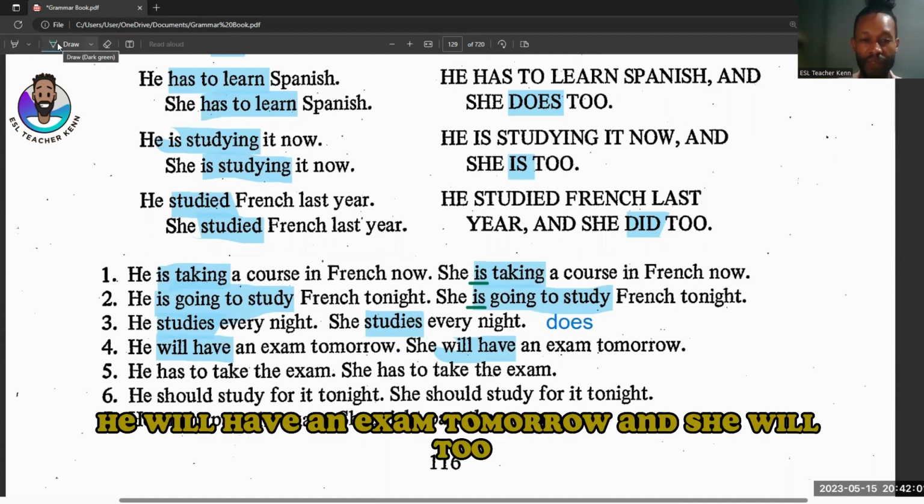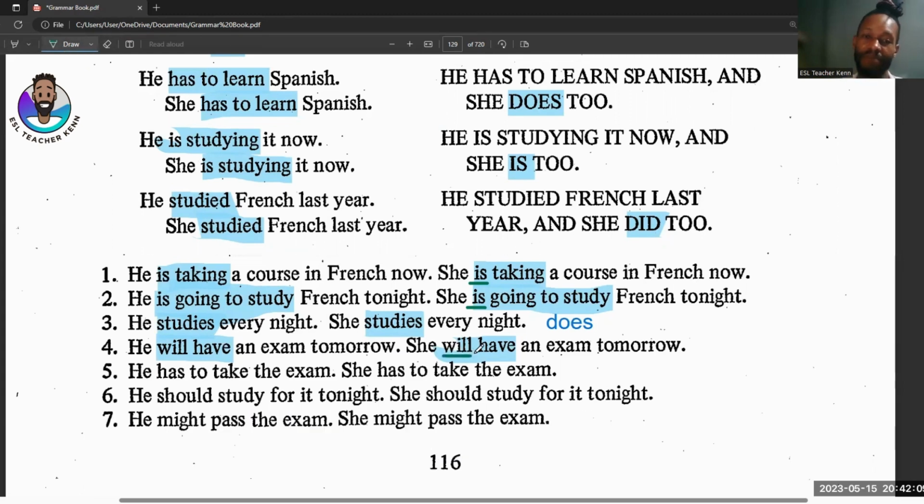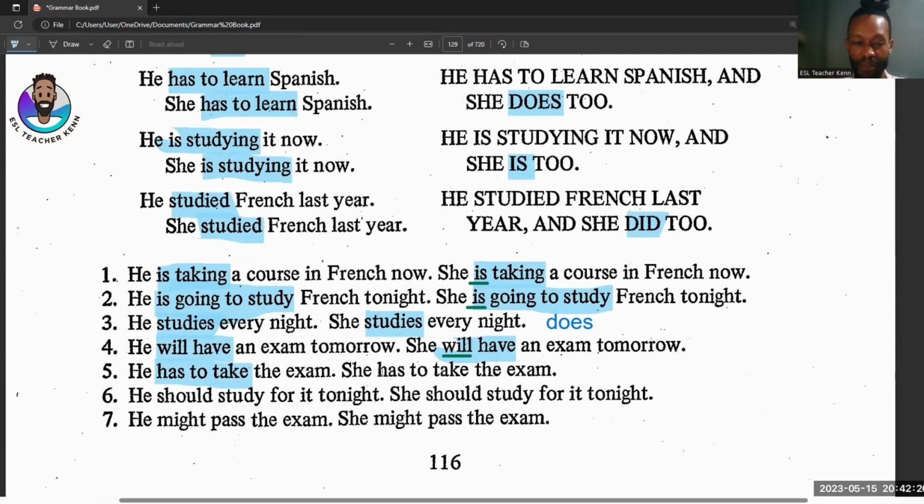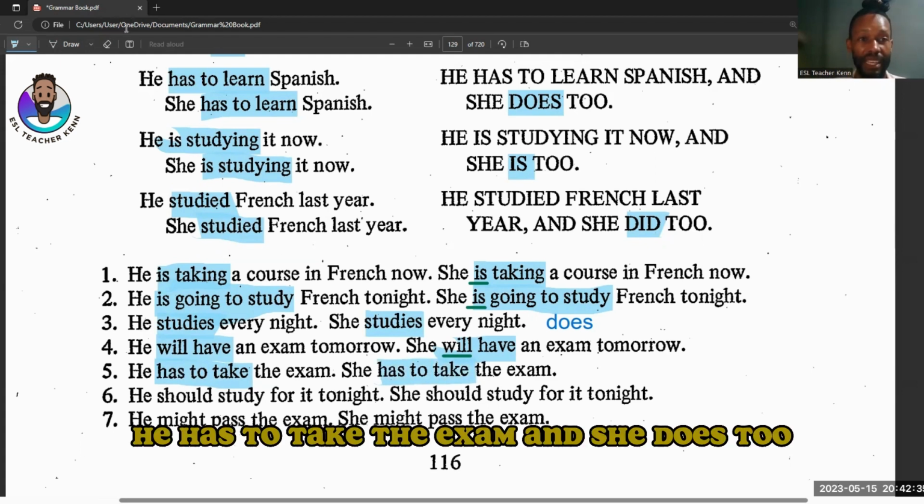He will have an exam tomorrow, and she will too. He has to take the exam. She has to take the exam. He has to take the exam, and she does too.